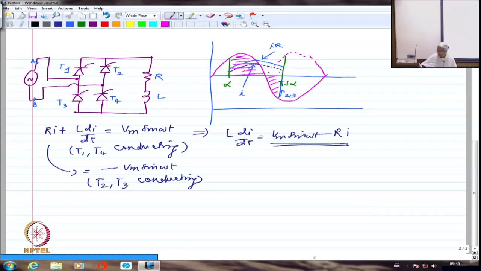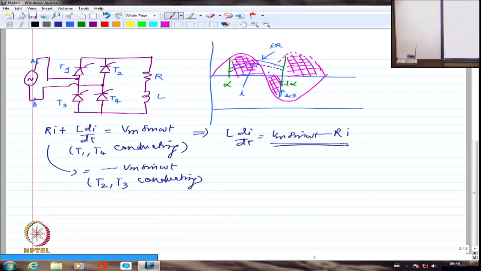That is how it is going to come up. And then I am going to have this portion again coming up. Get my point? So I am going to have this shaded portion as the DC voltage or the load voltage that comes up when I am having continuous conduction.